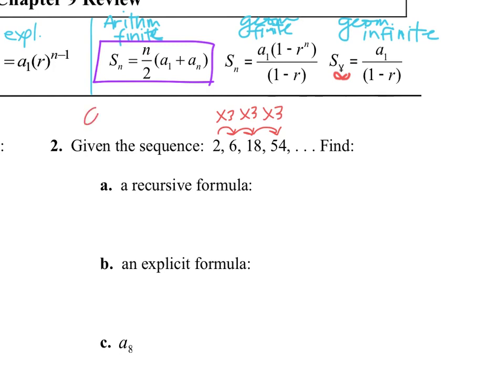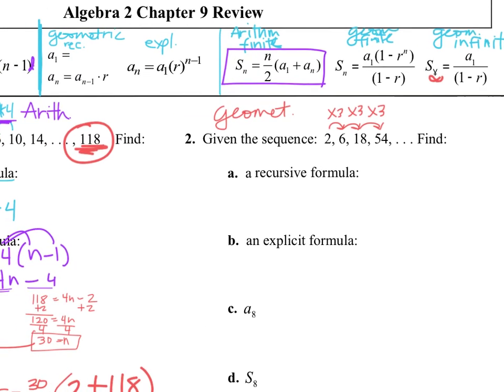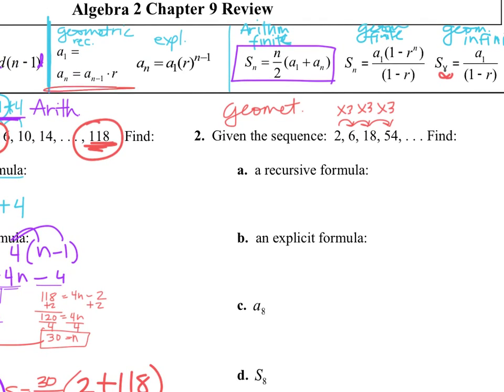So this is a geometric. Okay. So the recursive formula for geometric is right up here. So we're going to say a sub 1 is 2 and a sub n equals a sub n minus 1 times the common ratio, which is 3.